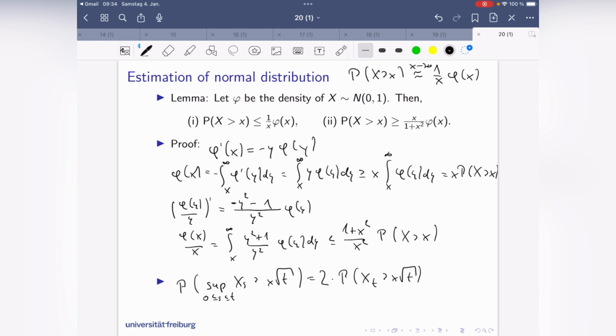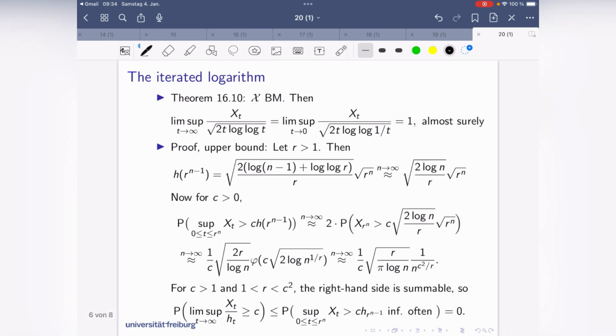Here use the other theorem. And now for x goes to infinity, well, X_t divided by square root of t has a normal distribution with variance 1. So I can use the result here, in particular this result here. That's about 2 over x phi of x. And we are going to use this. So now let's come to the proof of the law of the iterated logarithm.